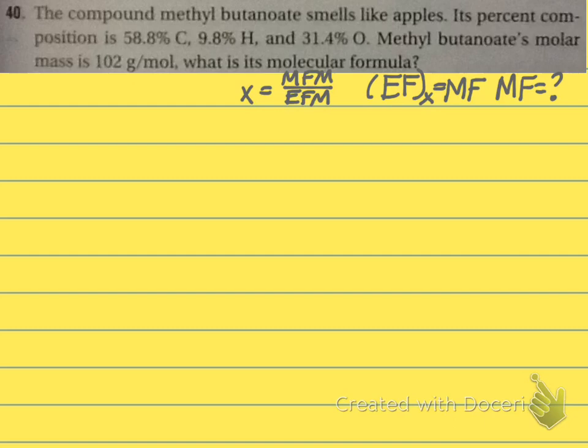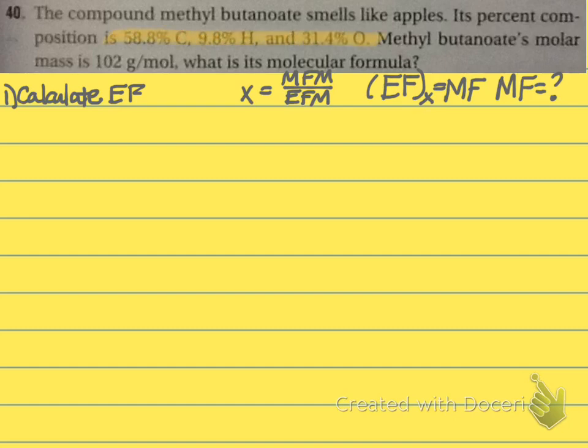So this is really a two-part problem. The first thing we have to do is calculate our empirical formula, even though it doesn't say that anywhere in the problem. And to calculate our empirical formula, we're going to use this percent composition data that they've given us.